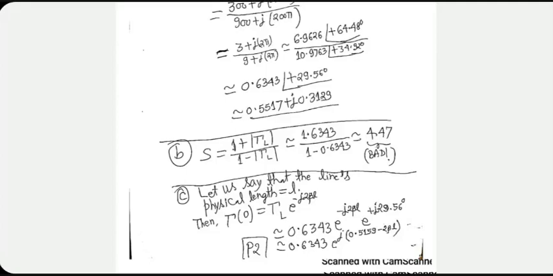It's a symbolic thing, but it's important to maintain it. Anyway, in the next step, I have put everything in radians. I have converted 29.56 degrees in radians. So tau 0 is 0.6343 e to the power j within parentheses 0.5159 minus 2 beta L.